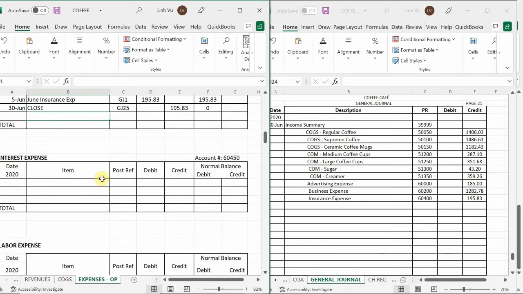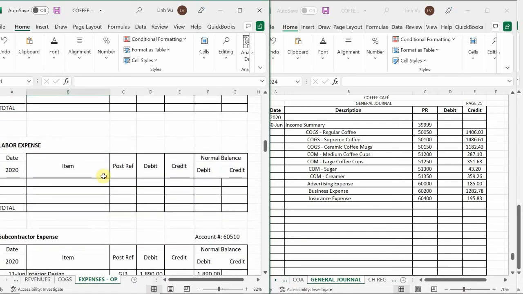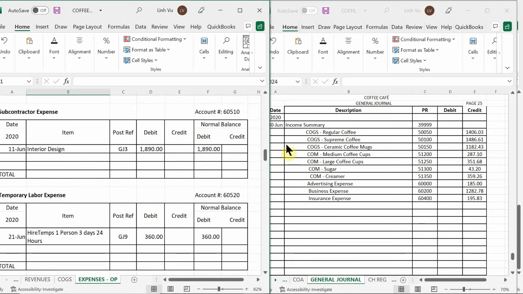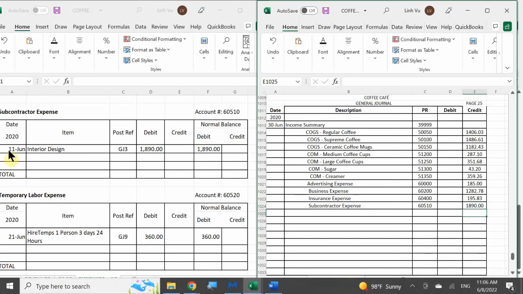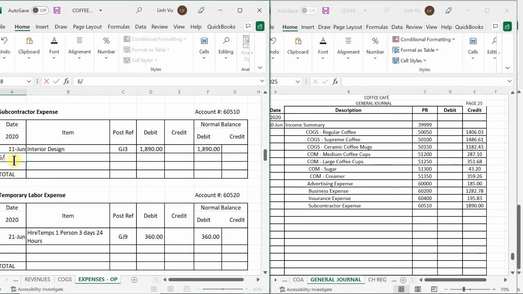Next I have is interest expense, nothing there. Labor expense, nothing there, but I do have a subcontractor expense. Okay. Account number 6510, which should give you an account balance of $1890. Okay. $1890 off of the subcontractor expense here.